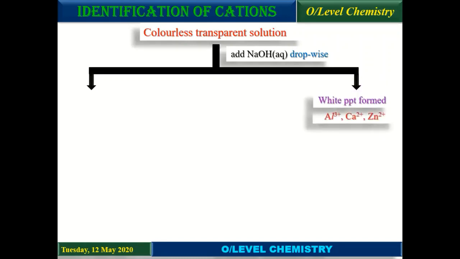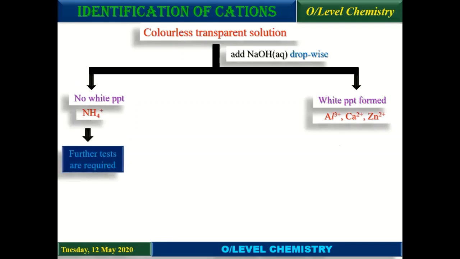We may get white PPT. If we get white PPT, then there are the chances of aluminium, calcium, and zinc. If we don't get white PPT, it means there is the chance of ammonium ion, and definitely further tests are required.